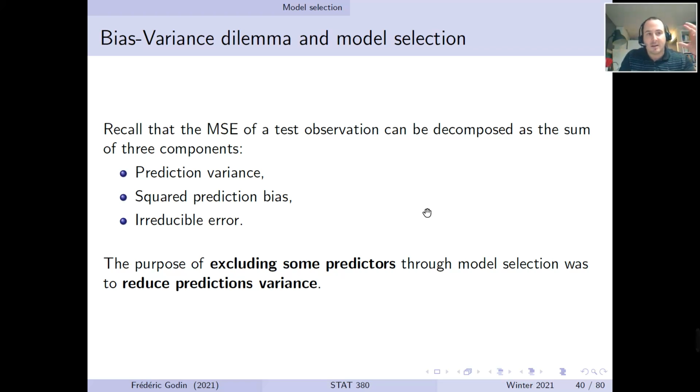So if there are predictors which are not very helpful for prediction, they won't help you reduce the bias, but they generate variance by generating noise, so you'd rather remove them. So what we did here, by trying to remove these useless predictors, is try to reduce the prediction variance.